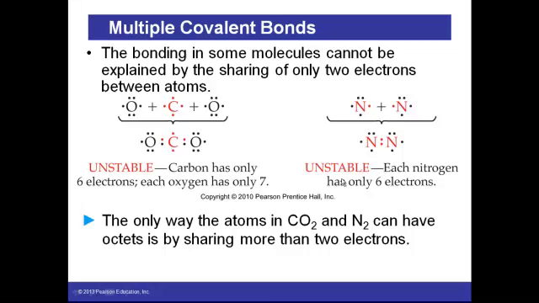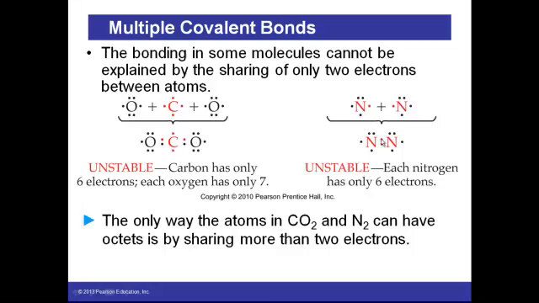The same thing would happen if you have nitrogen coming together, and we know nitrogen is one of those diatomic molecules. It should exist as N2. If it only formed one covalent bond, both of the nitrogens would be very unhappy because they still have 2 more places where they can share electrons.